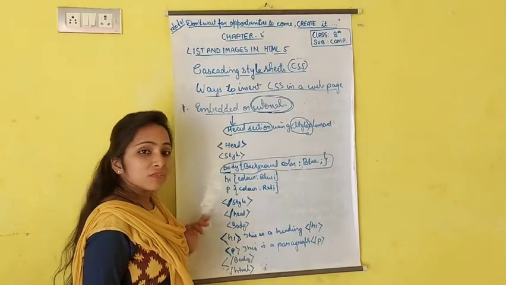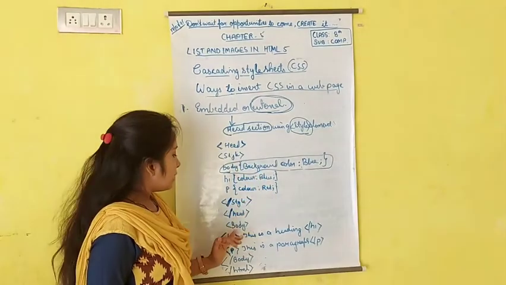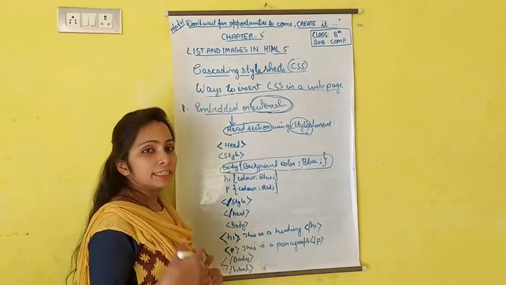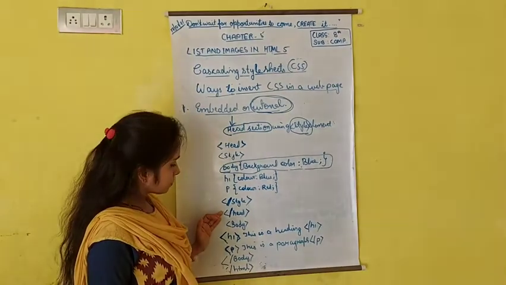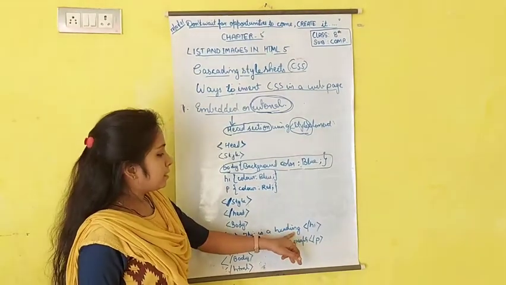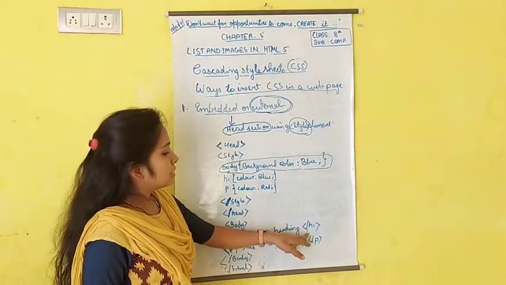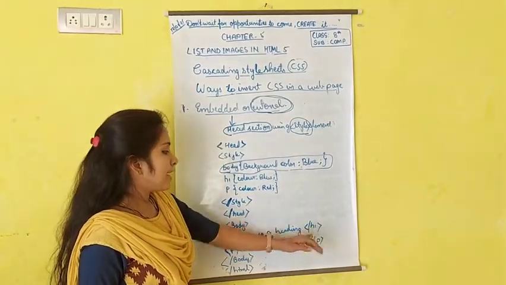Then we will specify here. Here we simply chose what we want, but now we will specify it in the body. That's why, see, in the body section we have written H1, this is a heading, and we are ending here with slash H1.